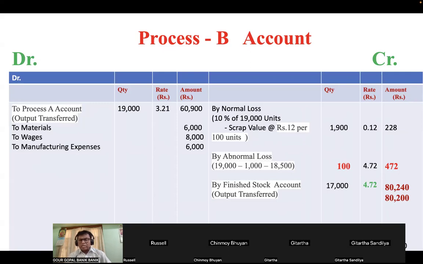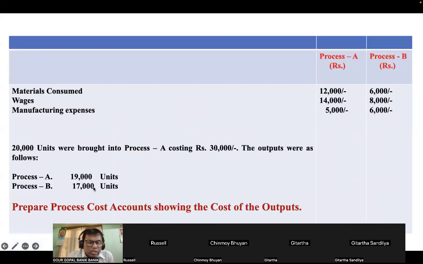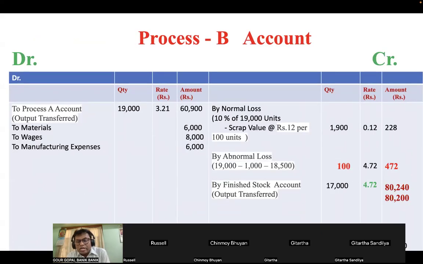So 19,000 minus 1,900, your product should have been 17,000. But in the question, they are saying 17,000. It should have been 17,100. So, dear friends, it's clear from the question that the difference of 100 is also lost, and that is unexpected loss, and that is abnormal loss.